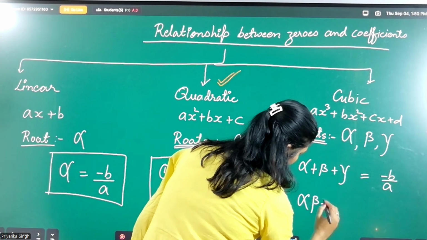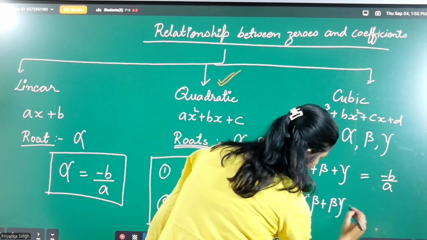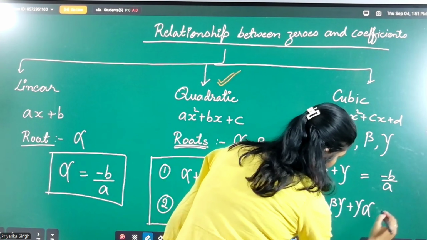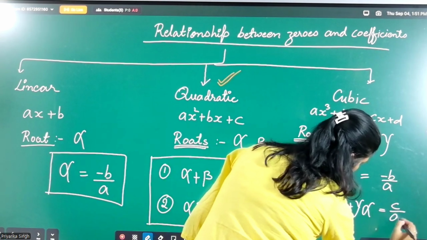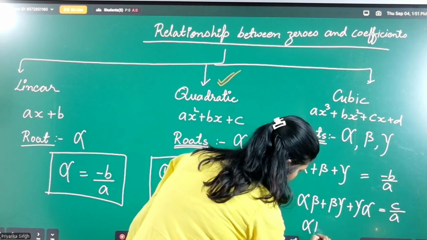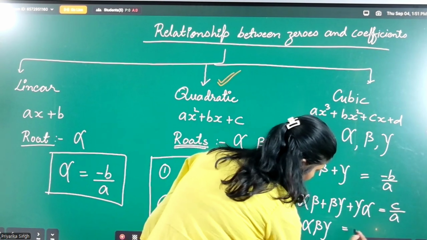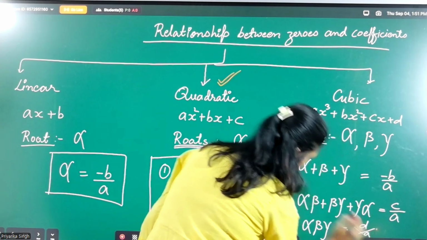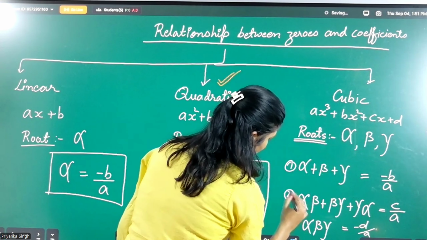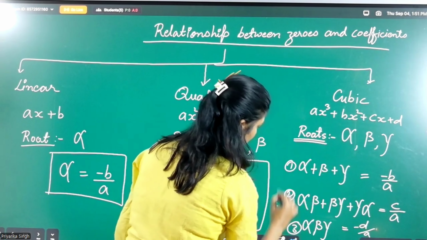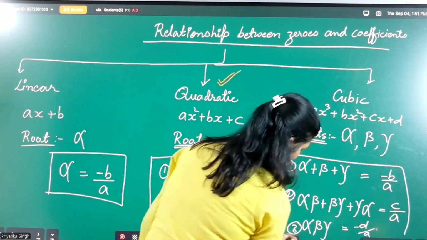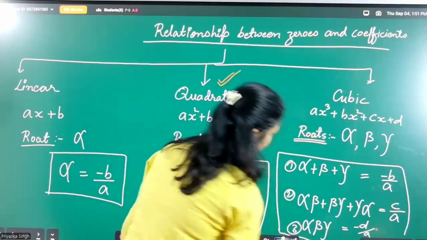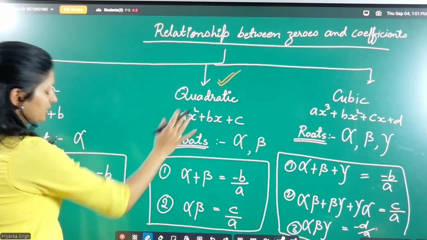Alpha into beta plus beta into gamma plus gamma into alpha will be equal to c by a, and alpha into beta into gamma will be equal to minus d by a. So these three relationships are important in the case of cubic, although it's not that important.